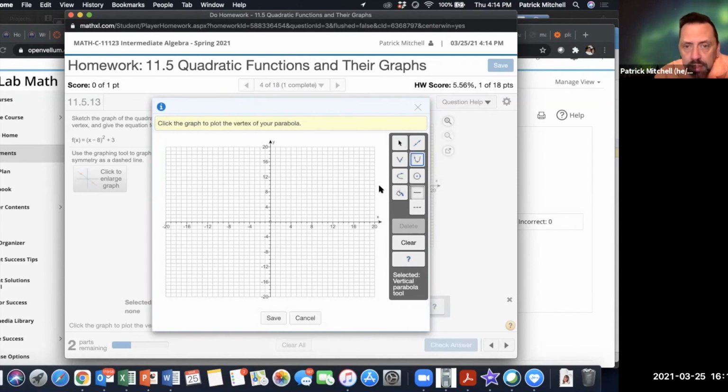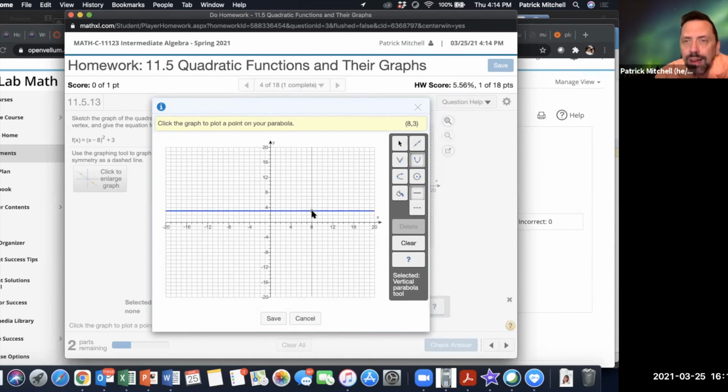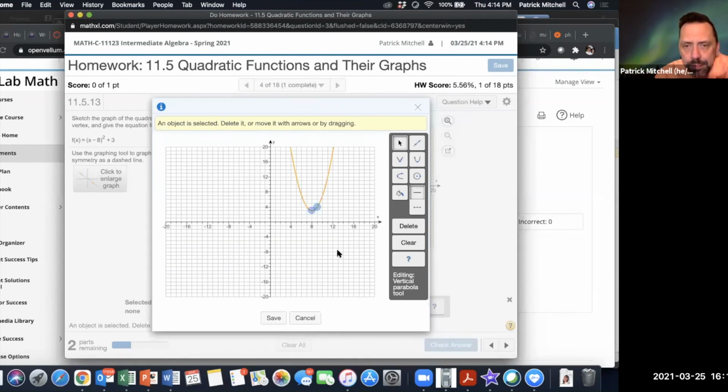Click the graph to plot the vertex. The vertex was at (8, 3). All right, and then click to plot any other point. One of the other points was (9, 4). So if I just go 1 to the right and 1 up, there's that. Okay, we're done with the parabola.